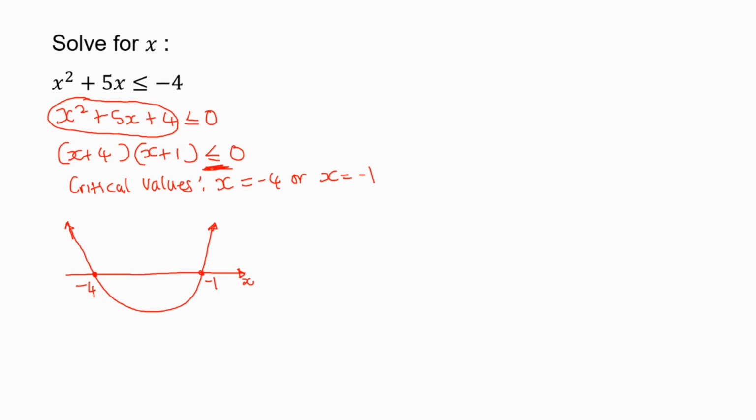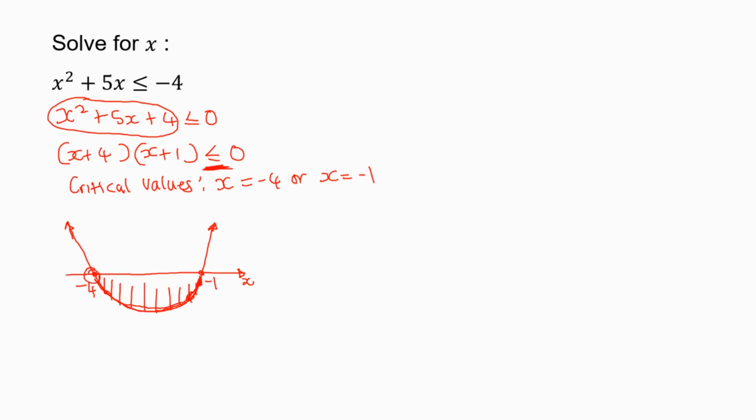Below 0 means this region here, between negative 4 and negative 1. Let me try to make it bolder here. This part of the curve is where the graph is below the x-axis. This is where the graph is less than or equal to 0.